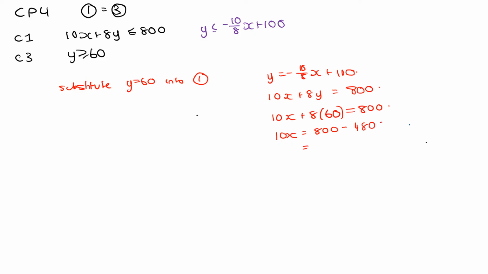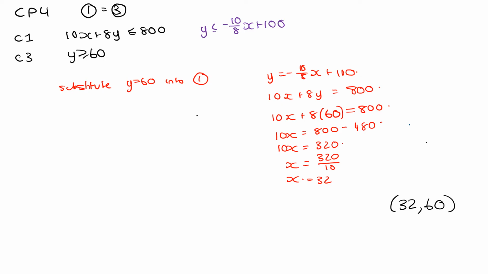So we have 800 minus 480 gives us 320. We have 10x. So x is equal to 320 divided by 10, which is equal to 32. So now we have x is equal to 32. We know that y is equal to 60. So we already have our corner point. So we have 32 and 60 as our corner point 4.